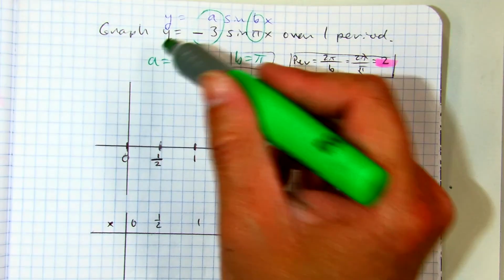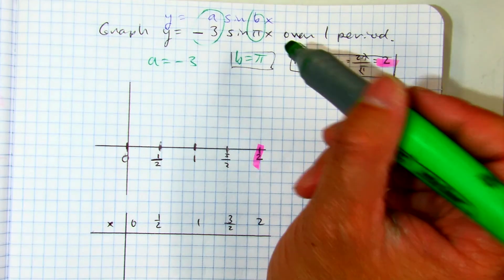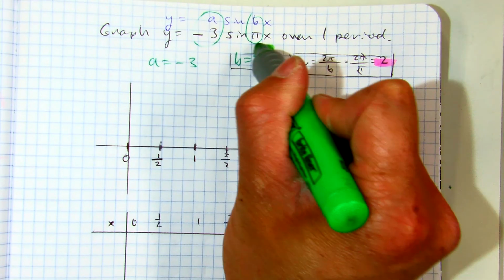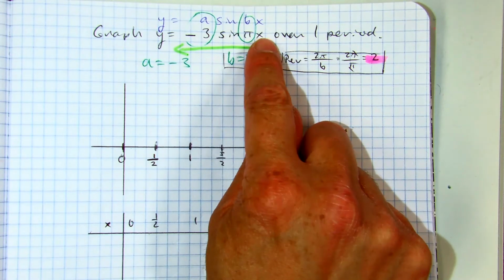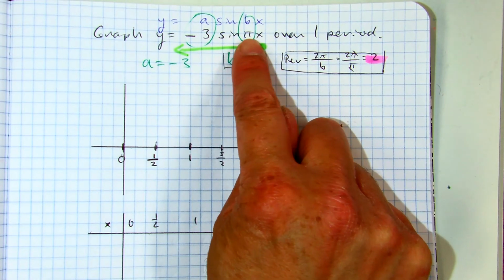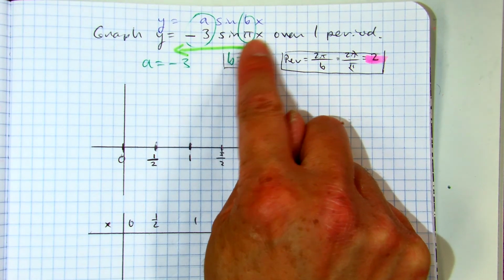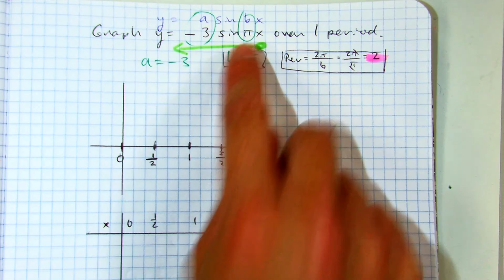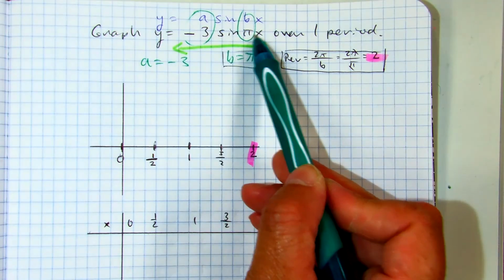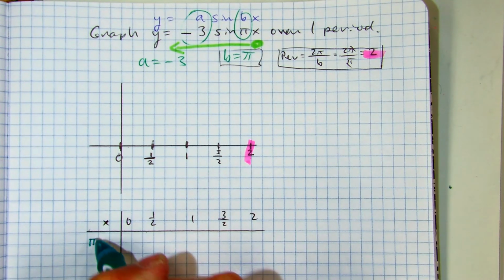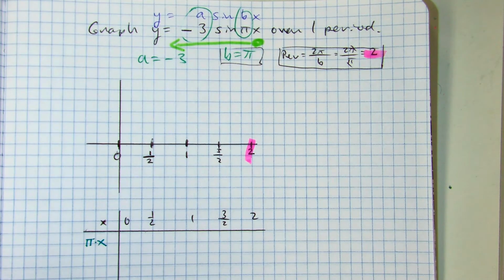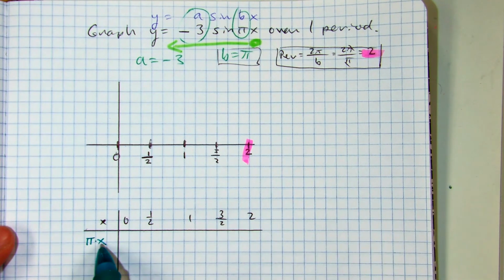Left to right, right to left. Right to left. So I just wrote down the x values. Now what am I going to do? What math operation? So I'm going to multiply it by pi. Take the previous row, which is x, and you're going to multiply it by pi.